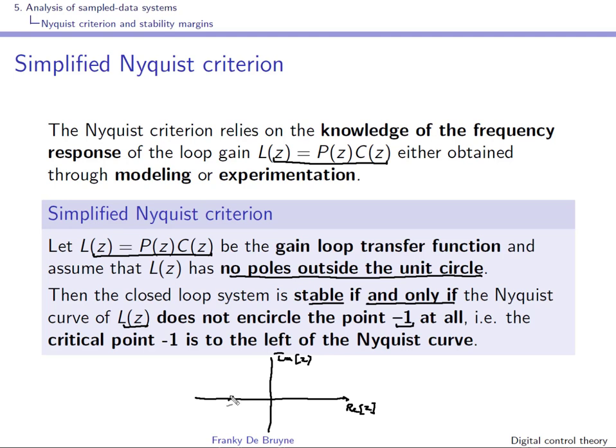We have the critical point -1 over here, and if, for example, we have a Nyquist curve of the loop gain that looks like this, the corresponding closed loop system will be stable, because the critical point -1 is to the left of the Nyquist curve, and the curve does not encircle the point -1 at all.